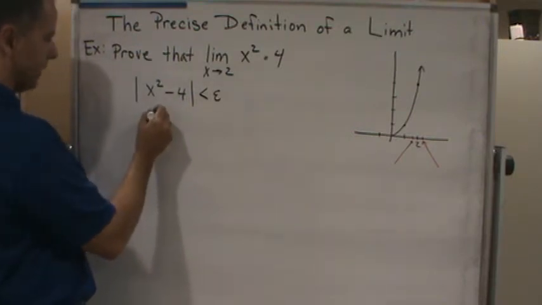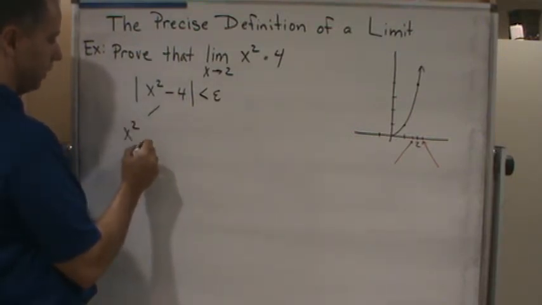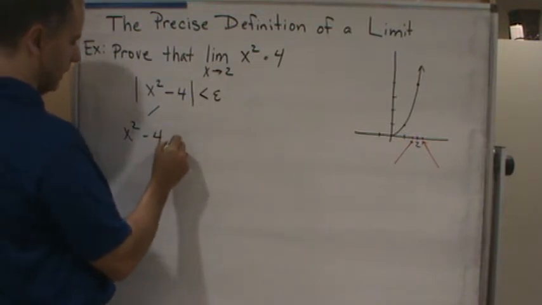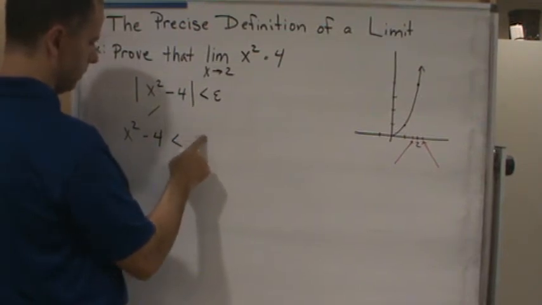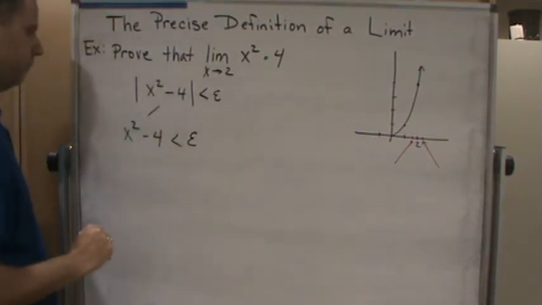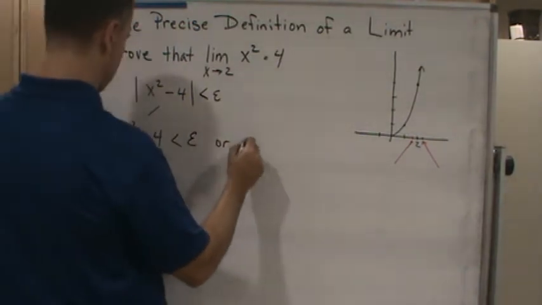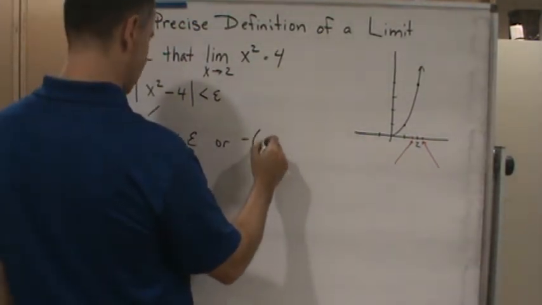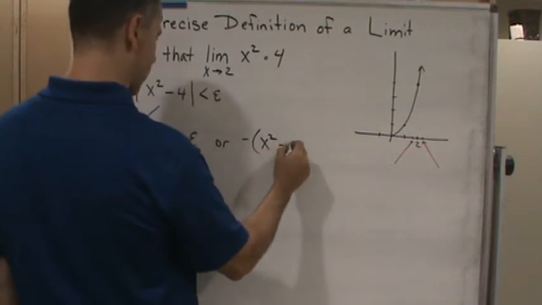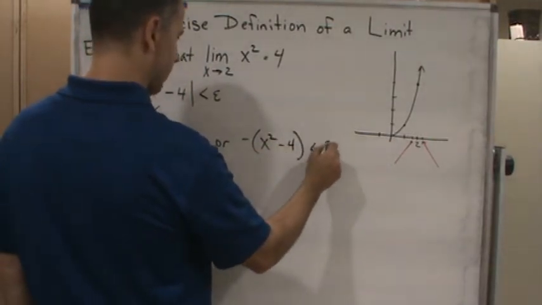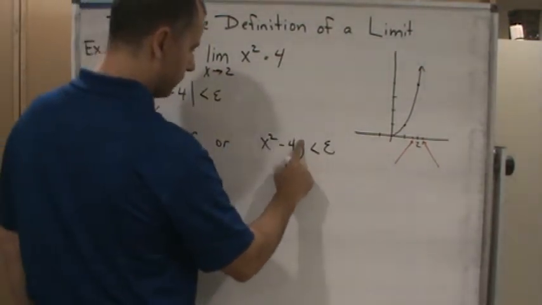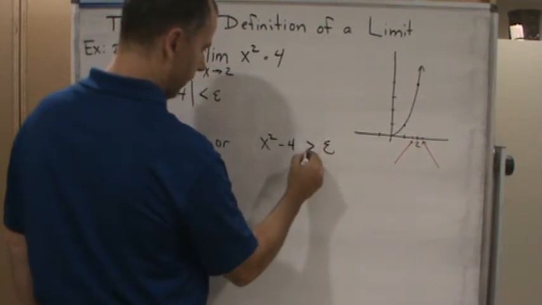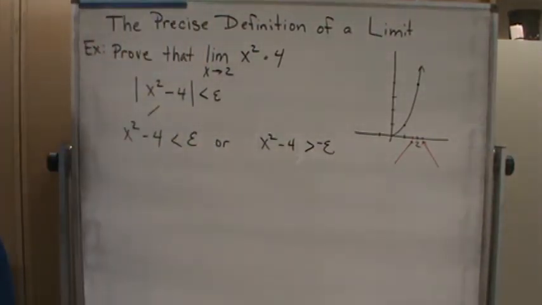So that means that x squared minus 4 is less than epsilon, or the opposite of x squared minus 4 is less than epsilon, or in other words, x squared minus 4 is greater than negative epsilon. Okay, so now, where does this take us?